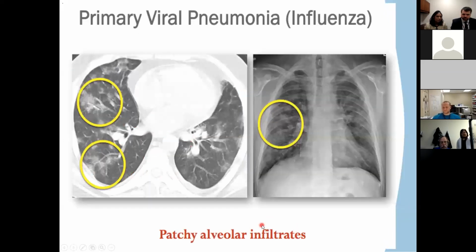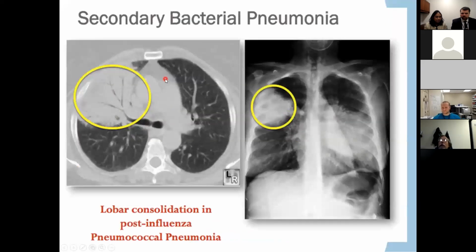And I just wanted to show some viral bronchiolitis infiltrate. When you get a viral infection, you have a hazy infiltrate, sometimes some atelectasis. But when you have a secondary bacterial pneumonia, you have major consolidation.